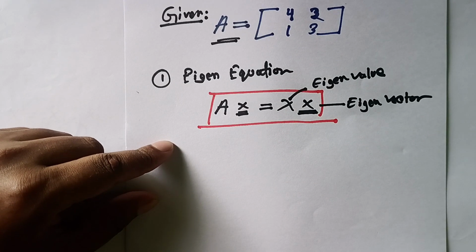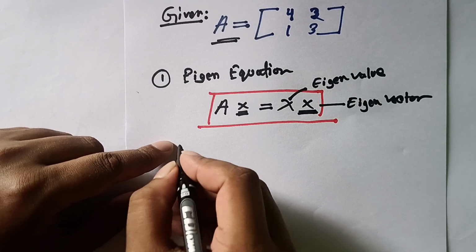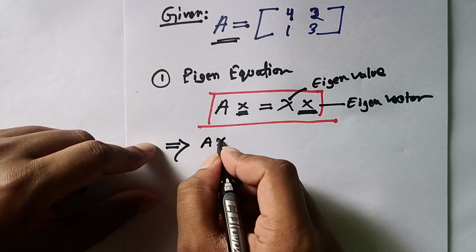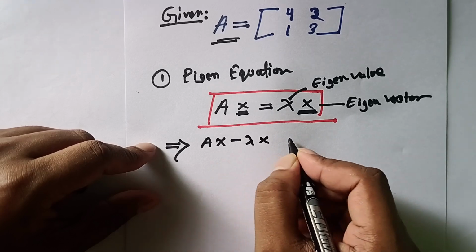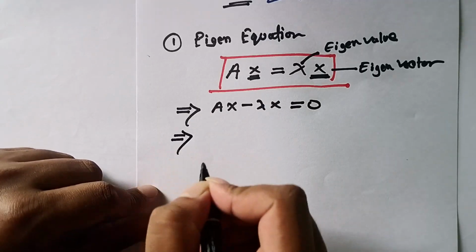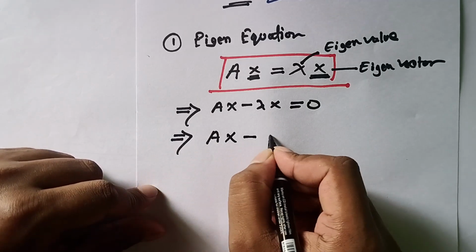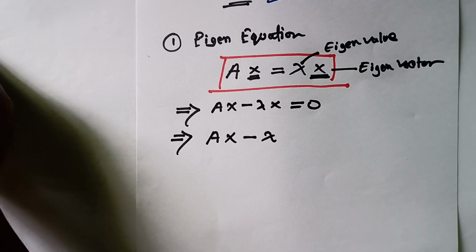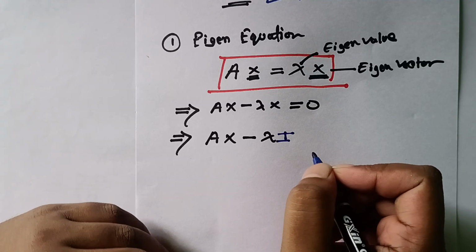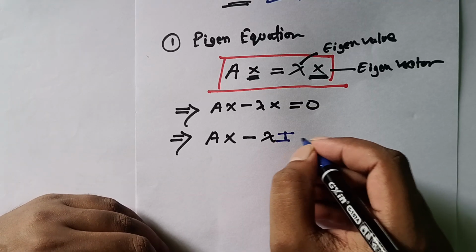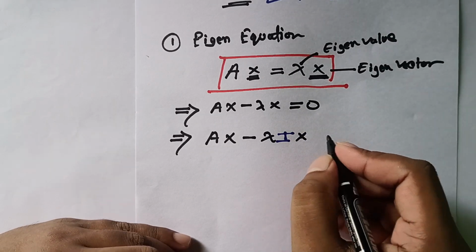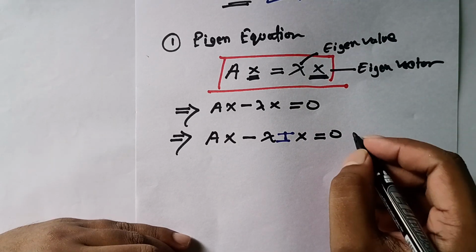From this equation, we can take it to the left side: Ax minus lambda x is equal to 0. Next, we can write Ax minus lambda, with an identity matrix I, times x, as 0.